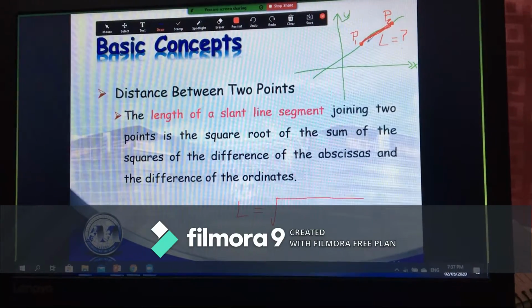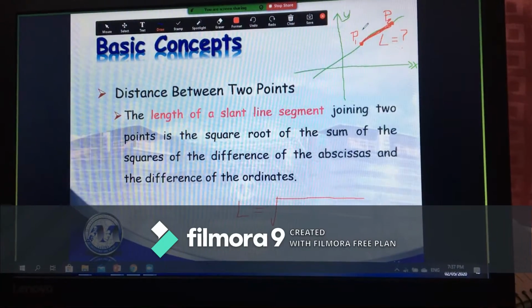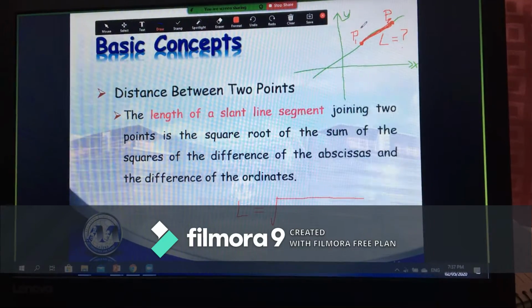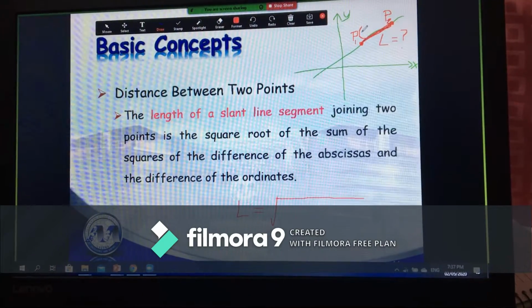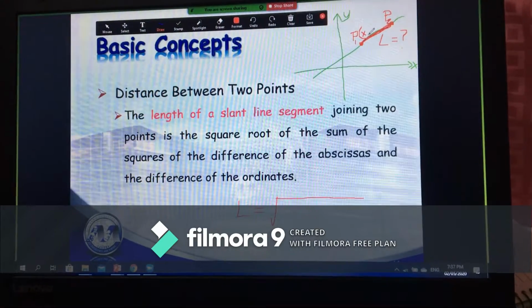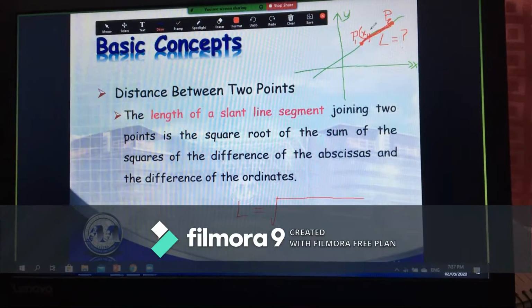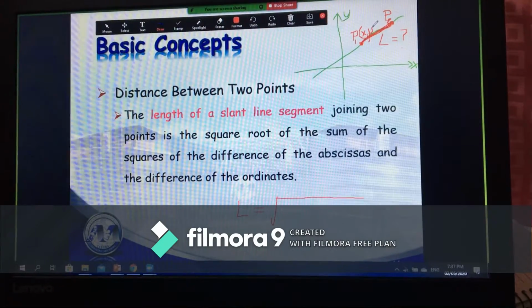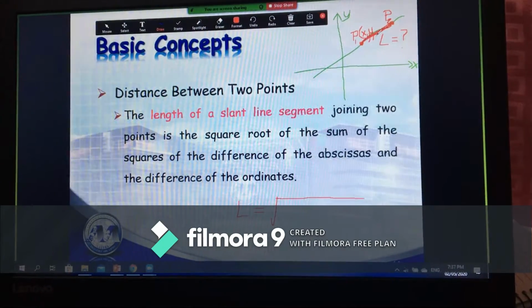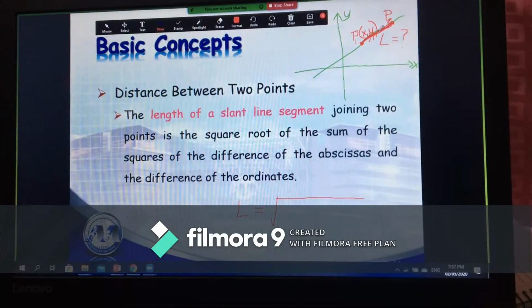Ibig sabihin yan, ito yung P1 natin. So ang P1 natin has the coordinates of x1 and y1. So ito yung coordinates ni P1.